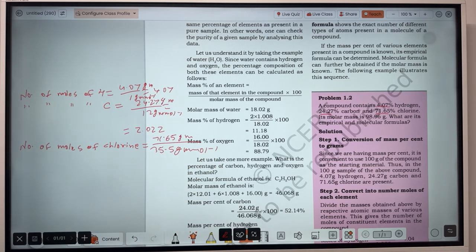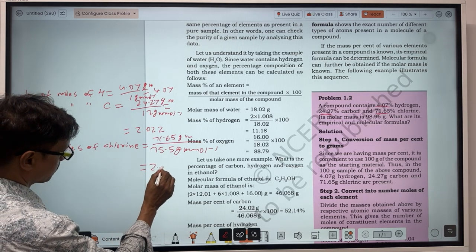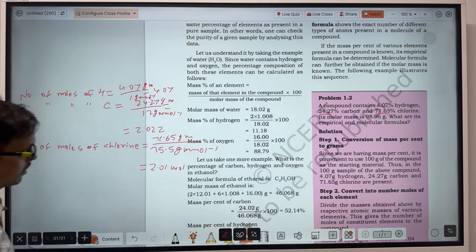So divide 71.65 by 35.5. That comes to 2.01, that many moles.